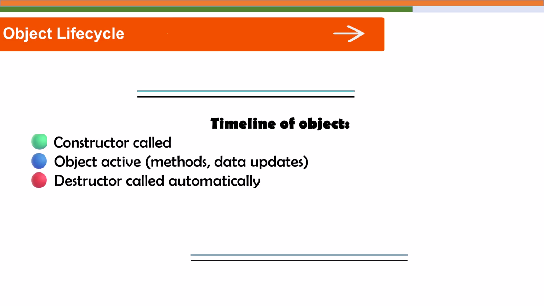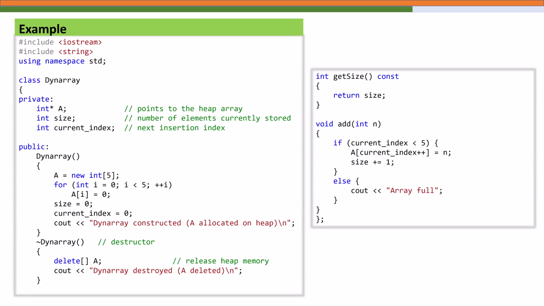In the next part of this lecture, we will explore the life cycle in more depth, including how memory is managed when objects are created on the stack and when they are created on the heap, and how pointers are used to handle such cases. Now we will look at a class that allocates memory dynamically on the heap and see why destructors are essential.